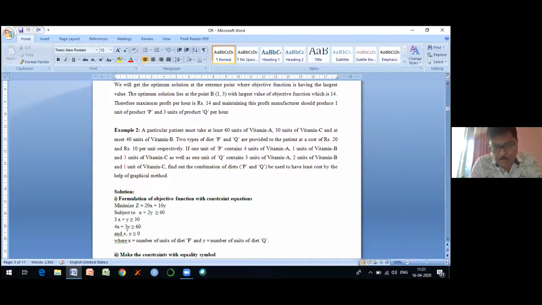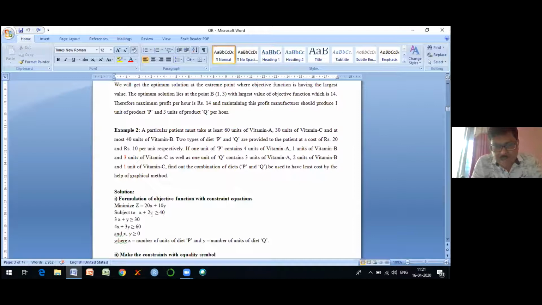But in case of 4x plus 3y, the requirement is minimum, at least, so the nature will be greater than equal to 60, because at least we require 60, and if it is more than 60, there will be no problem.